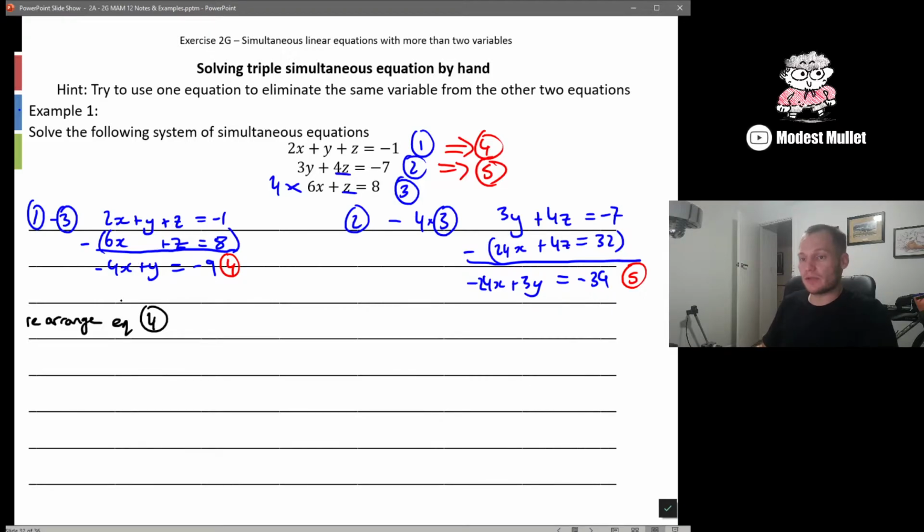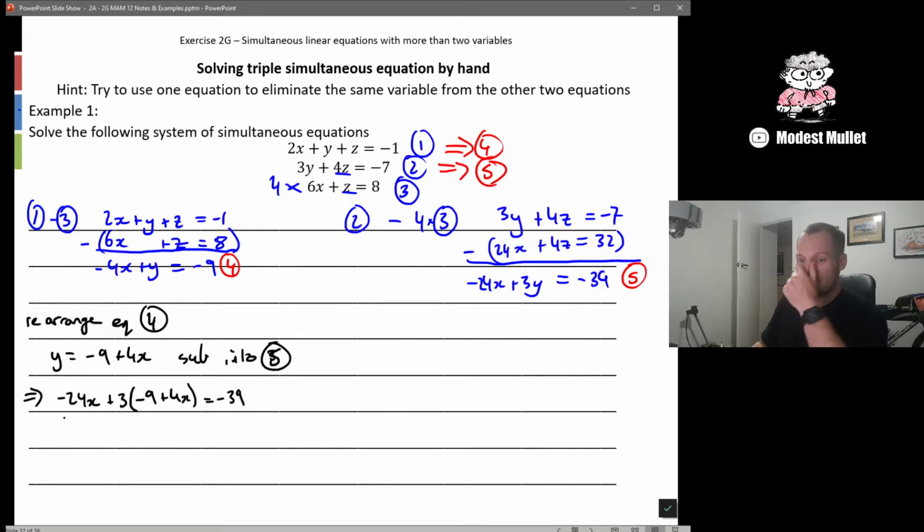You could multiply equation 4 by 3 and the 3y's would cancel out, but I'm going to rearrange equation 4. So I get y is equal to negative 9 plus 4x. I'm going to sub that into equation 5.